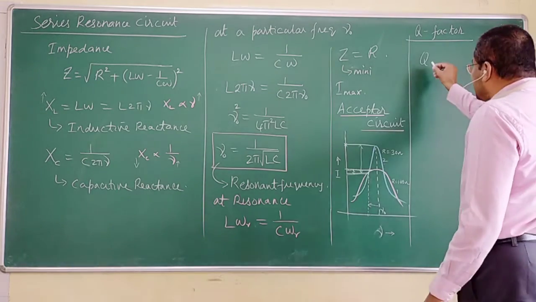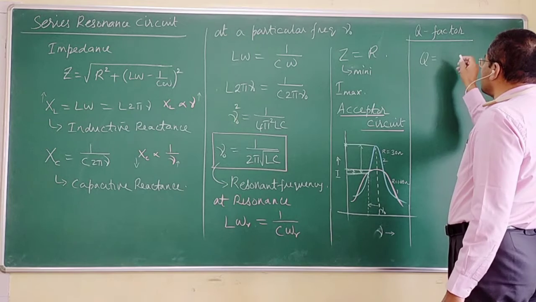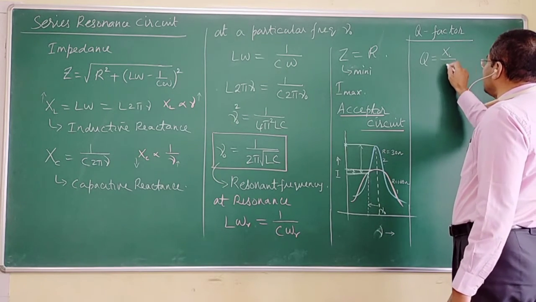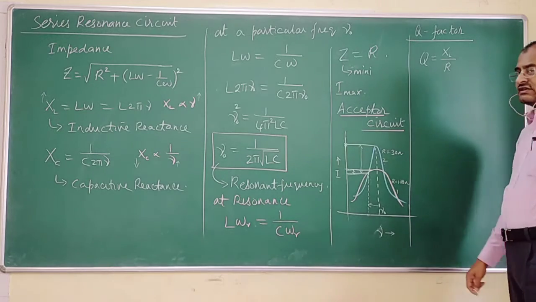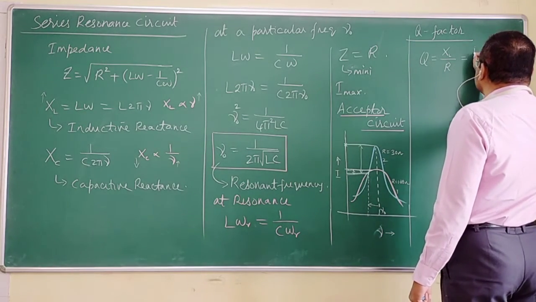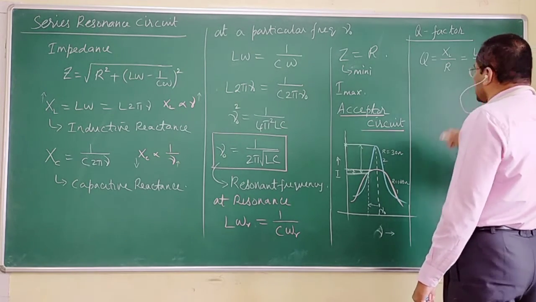If the quality factor is denoted with the letter Q, then Q is the ratio of inductive reactance to the resistance of the circuit. Therefore, it can also be written as L omega R upon R.